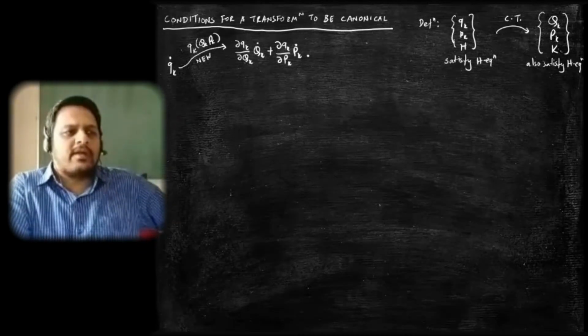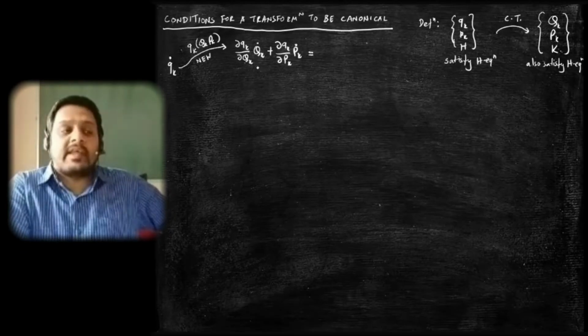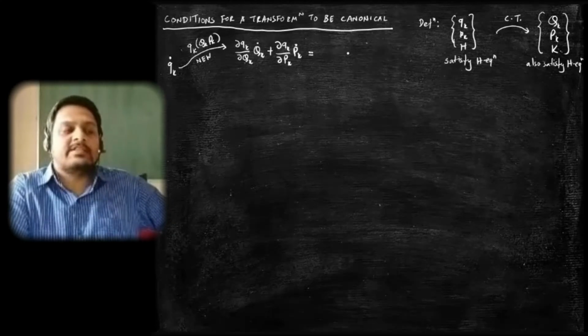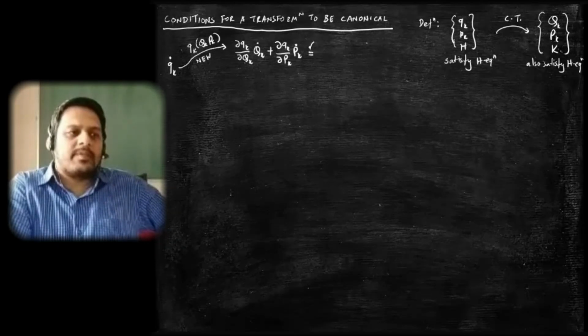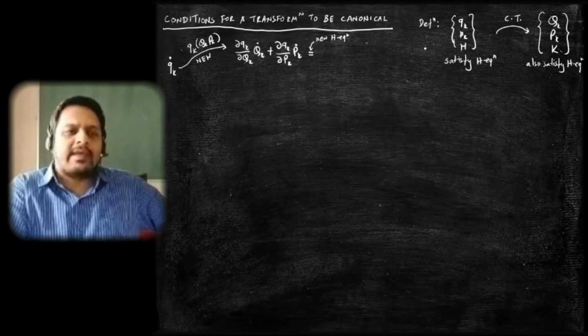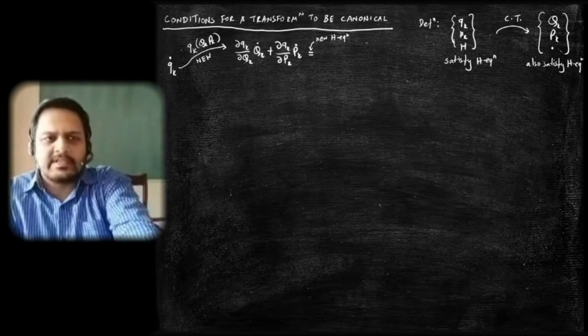And what are Qk dot and Pk dot? If the transformation is canonical, what we mean is that Qk dot and Pk dot will satisfy Hamilton's equations of motion. Okay? If that is true, then in terms of the new Hamilton's equations of motion, I am going to call K also as H only, because there is no time dependence in the problem.